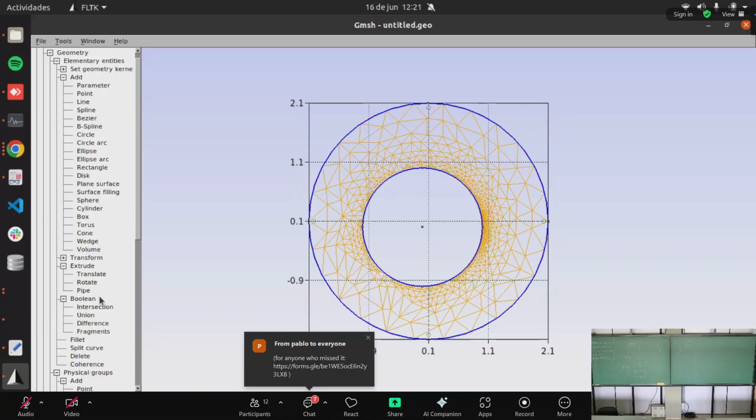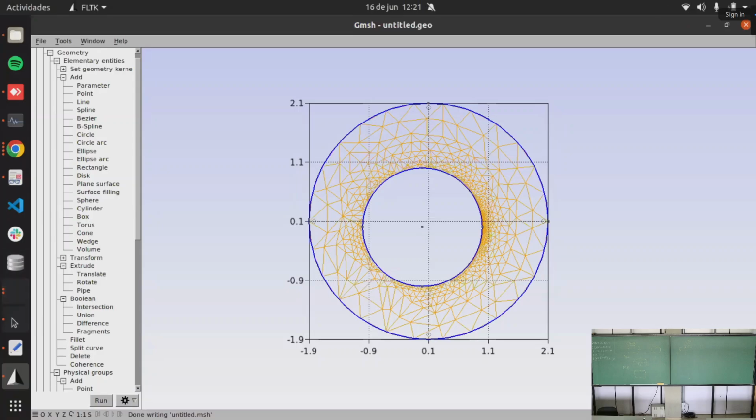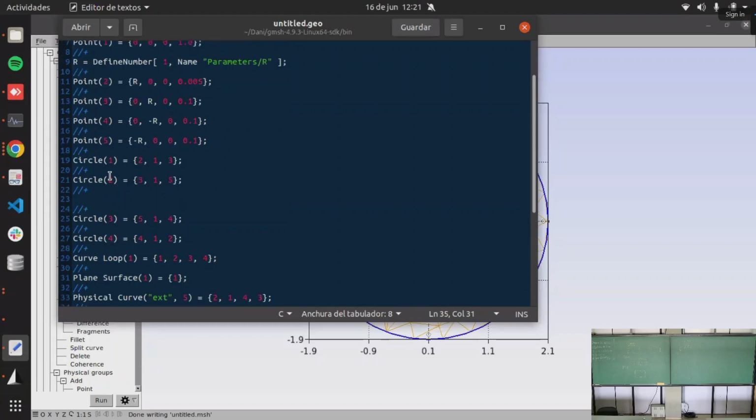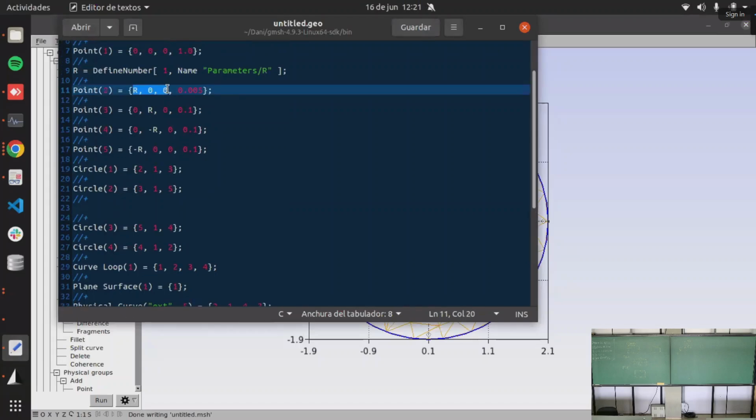Every time that I want to perform a 3D entity, you only have to change something. You remember that the points had a 3D representation, so now we set the zeta coordinate to 0, but you can change it.